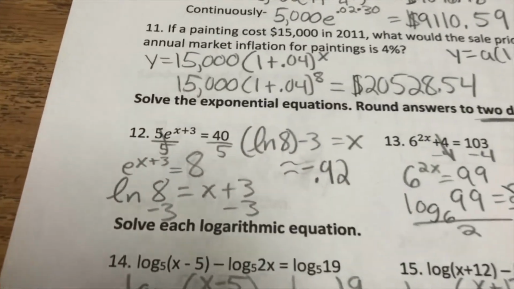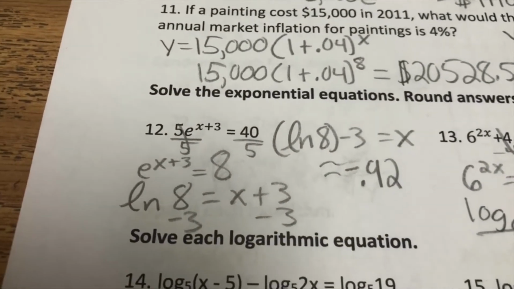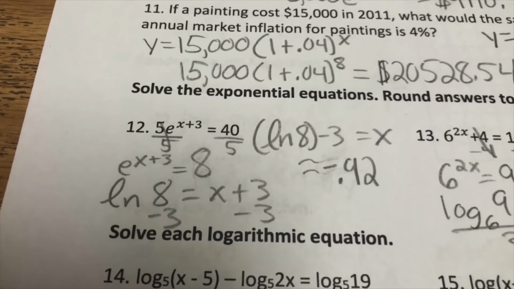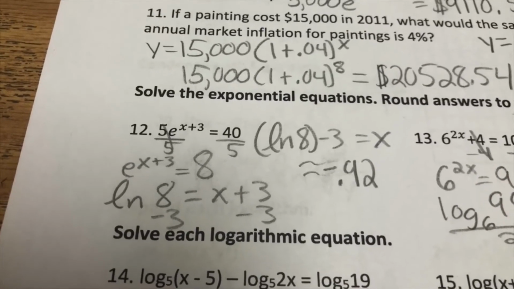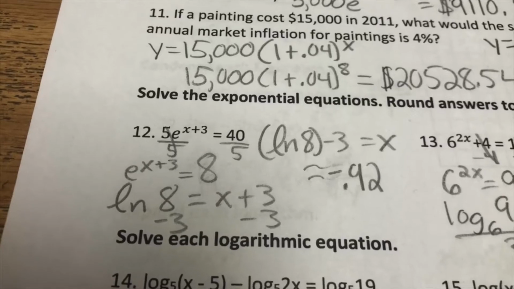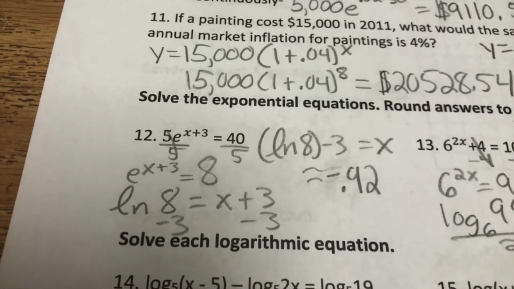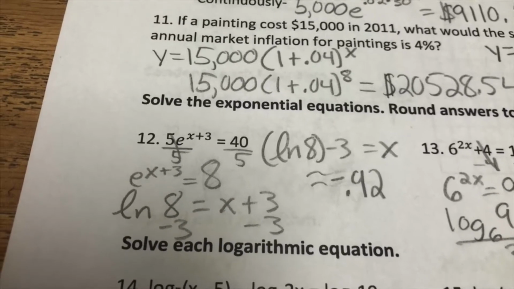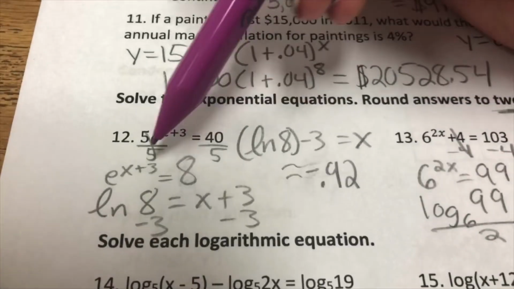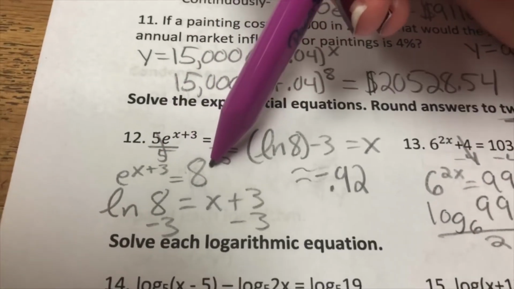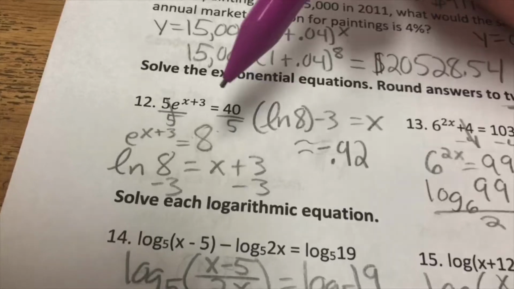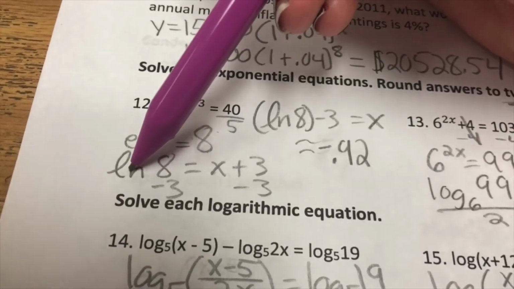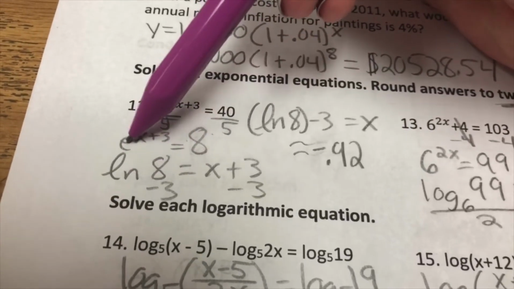For number 12, we wanted our base, which was e, of our exponent to be by itself, so we divided by 5. When we did this, we have e raised to the x plus 3 equals 8. We create our natural log. The reason why we're doing a natural log and not a log is because our base is e.